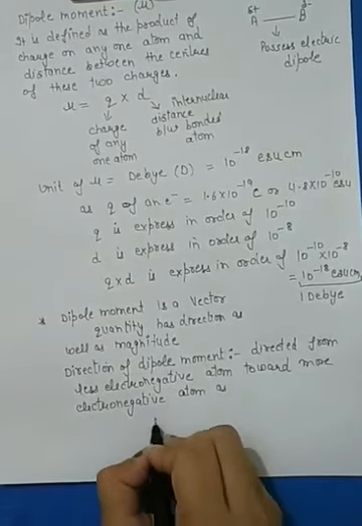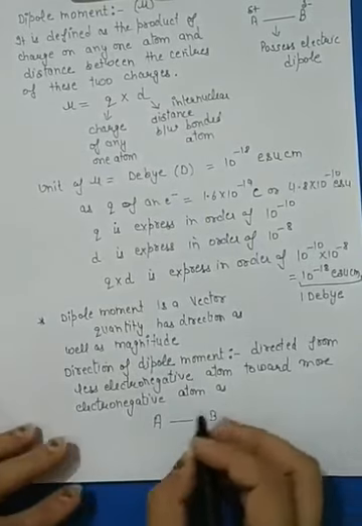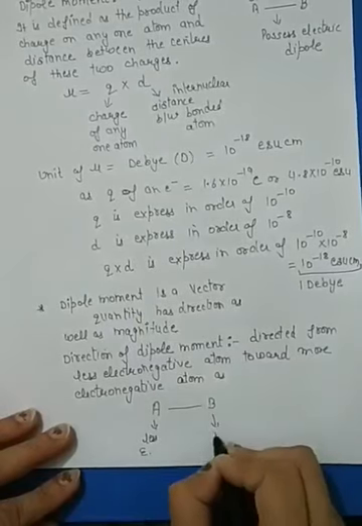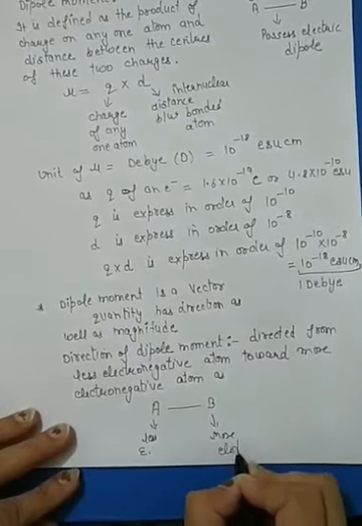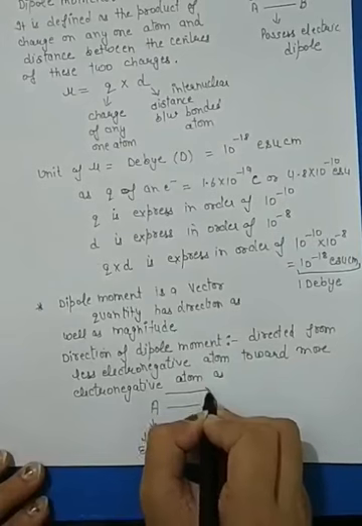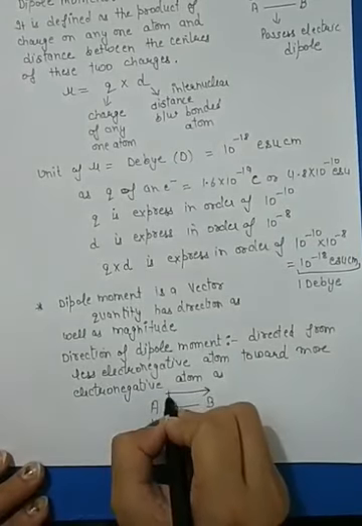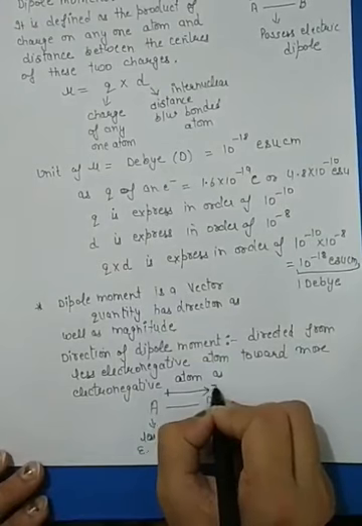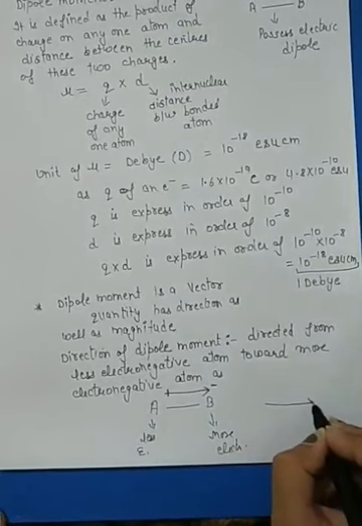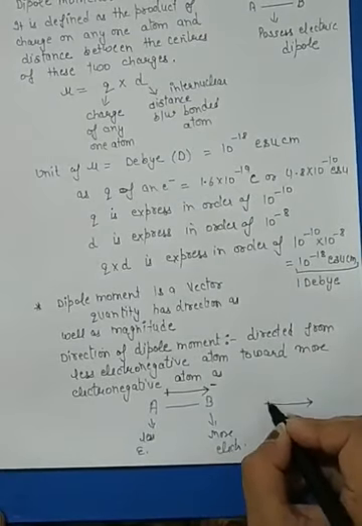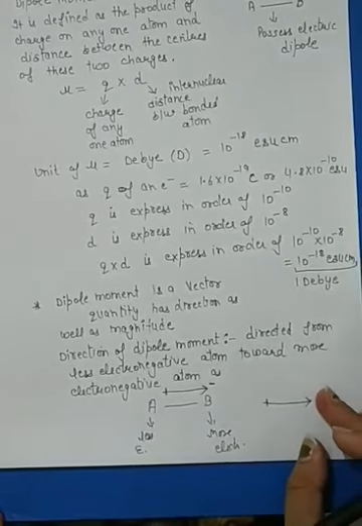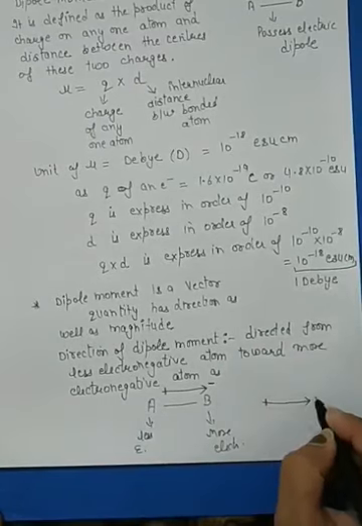Suppose we have a molecule AB, and A is less electronegative and B is more electronegative, then the direction of the dipole is represented with an arrow, positive at the tail and negative at its head. This is the representation of dipole, which points in the direction of the more electronegative atom from the less electronegative atom.